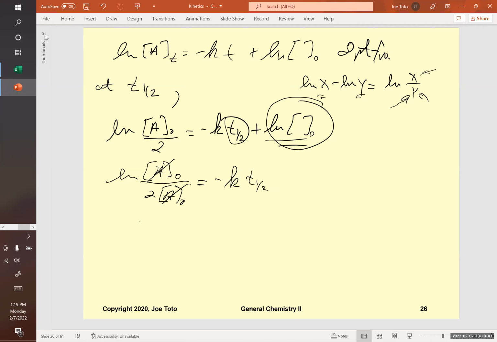And I can solve for t1/2, which equals ln of 0.5, that 0.693 value. So again, t1/2 equals ln of 1/2 divided by minus k.